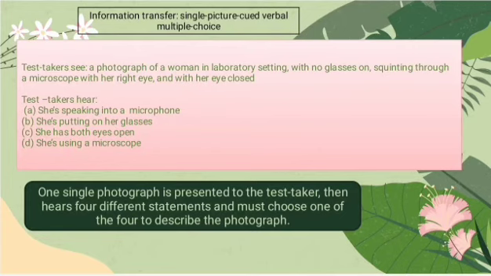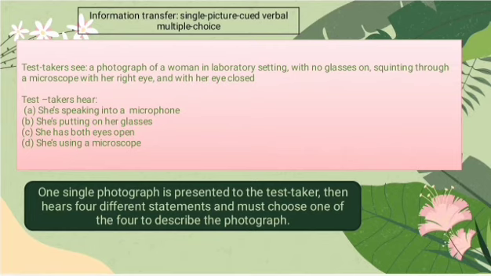Okay, the second type of information transfer is single picture cue, verbal multiple choice. In this task, the test taker sees a single picture.